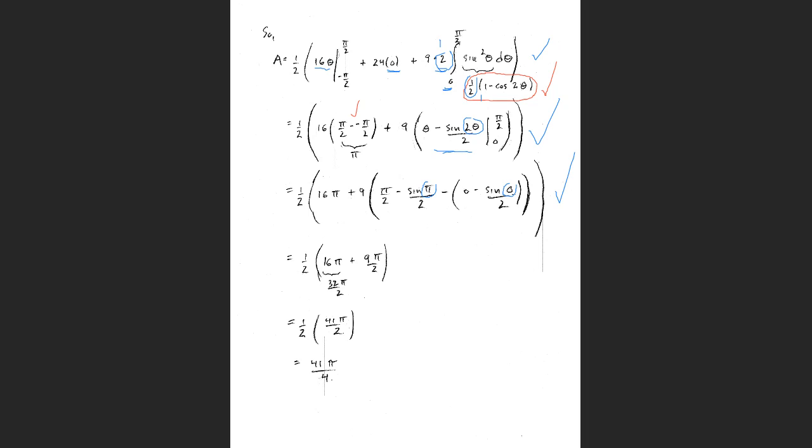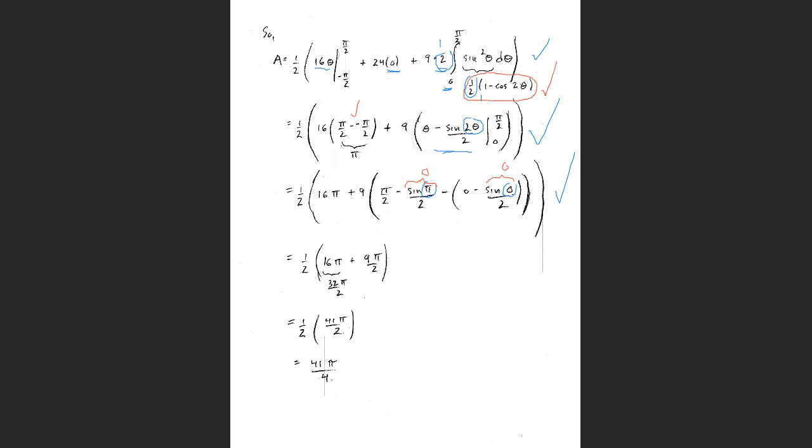You can see how putting 0 in for theta really simplifies your life. And we know the sine of pi over 2, the sine of 180 degrees, is 0. And the sine of 0 is 0.